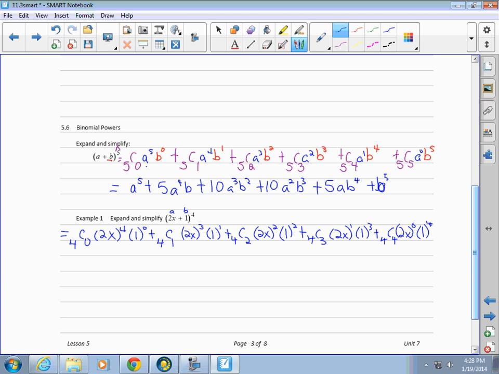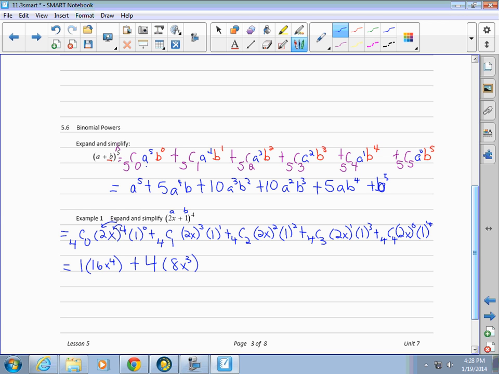So if I evaluate these, 4 choose 0 is just 1. 2x to the power of 4. Remember, when you're working with exponents, you have to apply the exponent to both terms. So 2 to the 4th is 16x to the 4. 1 to the 0 is just 1. Plus 4 choose 1 is 4. 2 cubed is 8x cubed.